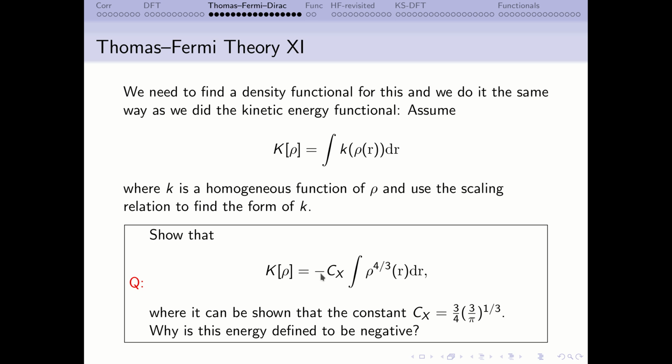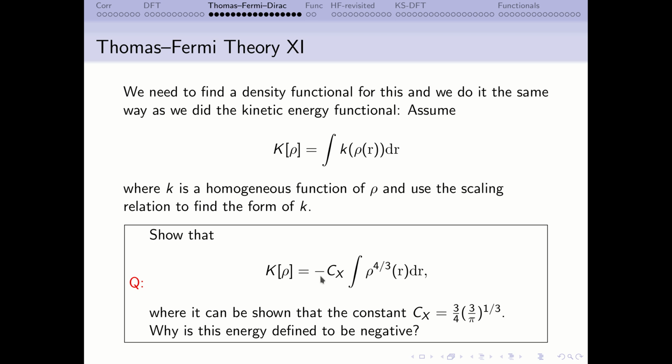K is minus Cx times the integral of rho to the 4/3 dr. So this time the function K is homogeneous to degree 4/3 in rho. Cx is given by 3/4 of (3 over pi) to the 1/3, and once again this constant comes from the three-dimensional free electron gas.